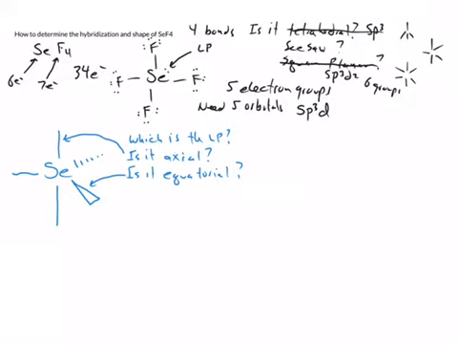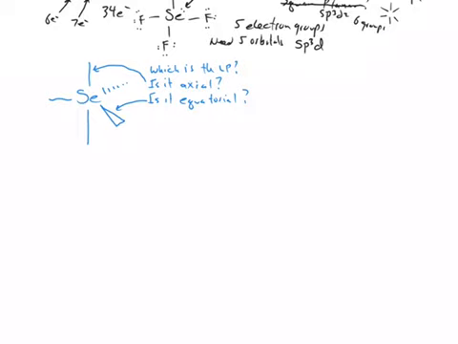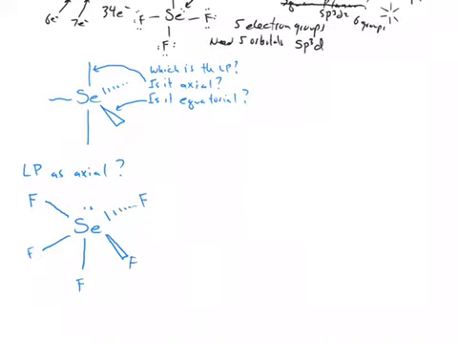And it all has to do with electron repulsion. The electrons want to be as far away as possible, especially from a lone pair. Okay, so let's take a look. What if we drew this and we put the lone pair as axial? Is that going to be right? So here are my fluorides. And maybe you just look at this and go, it just doesn't seem right, because it's not.